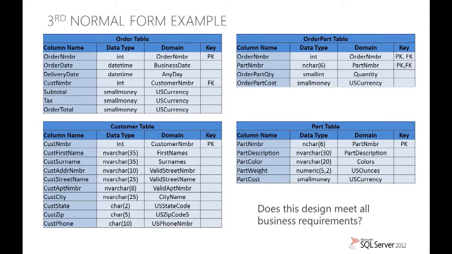I've got the same problem over in the order table. The tax column is just multiplying the subtotal times a tax rate, but again, tax rates don't stay constant. So if I need to reconstitute that value for an audit 4 and 5 years in the future, I may need to create a tax rate history table.